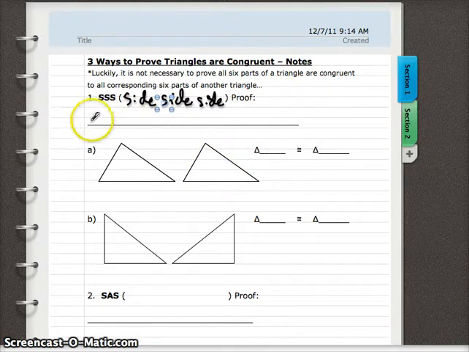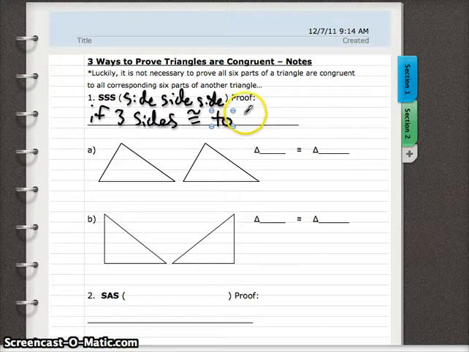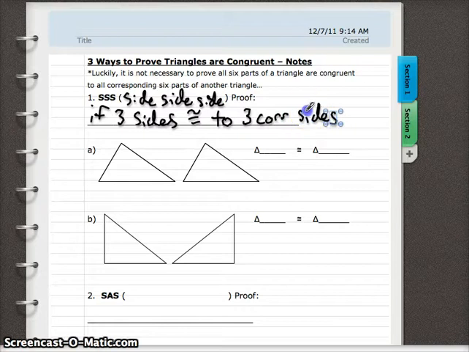So really we're just saying if 3 sides are congruent to 3 corresponding sides, remember, we're always talking about corresponding, then we're allowed to say that the two triangles are congruent.